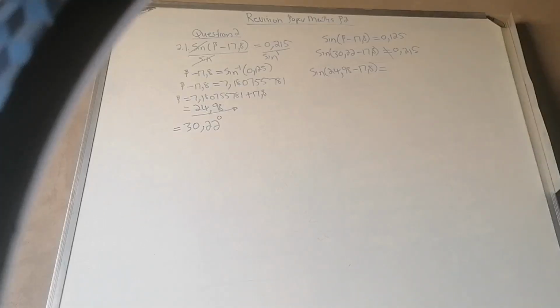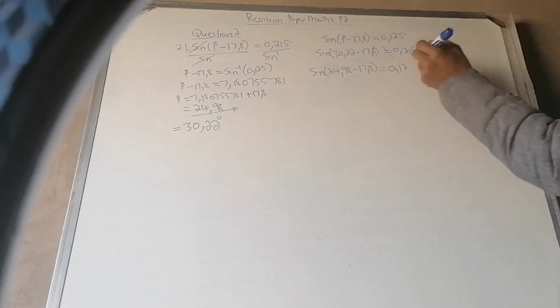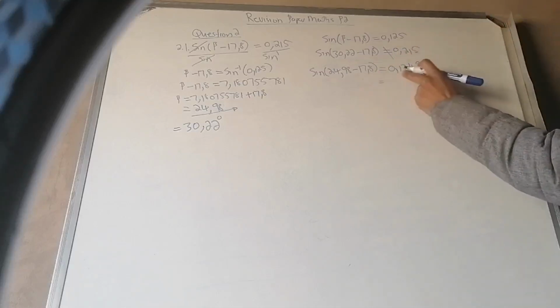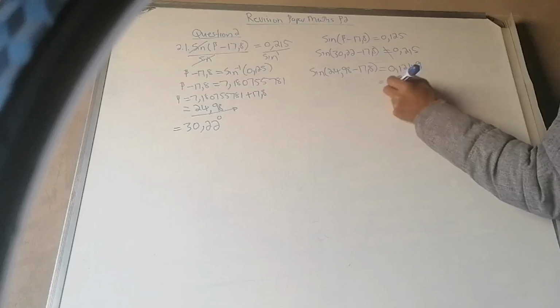I want to clear the confusion here. We take 24.98 and get 0.1249. Round off this number to 0.125.